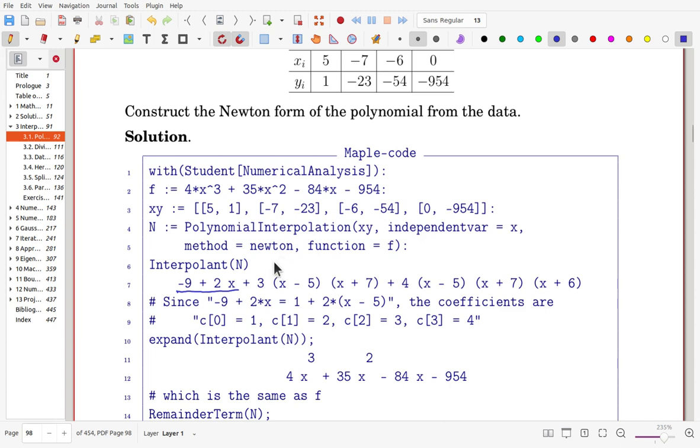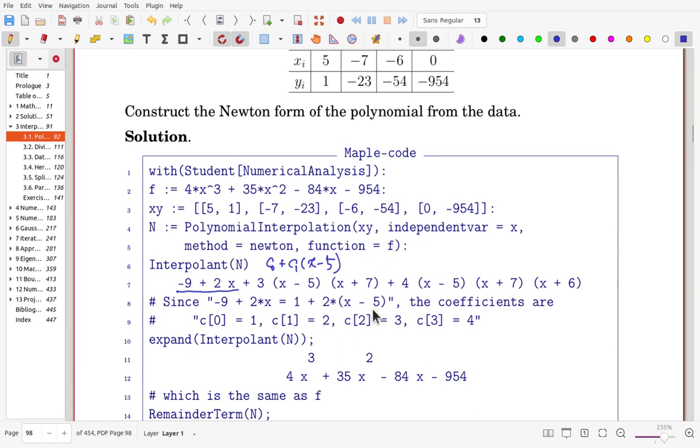So that portion must be C0 plus C1 times x minus x0. The x0 is 5, so it must be given in this form, but the output of Maple is given in this one. Here in practice, C0 is 0, C1 is 2, so that this quantity must be this one.